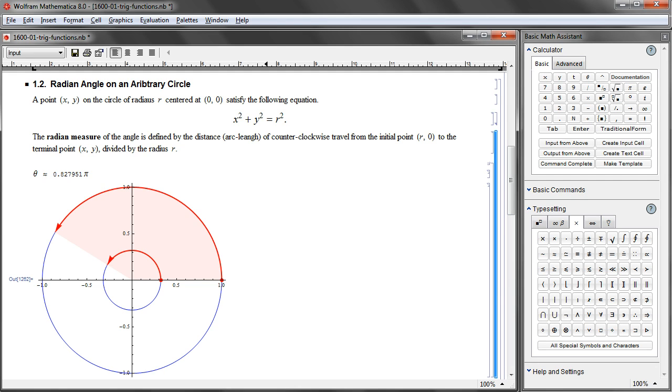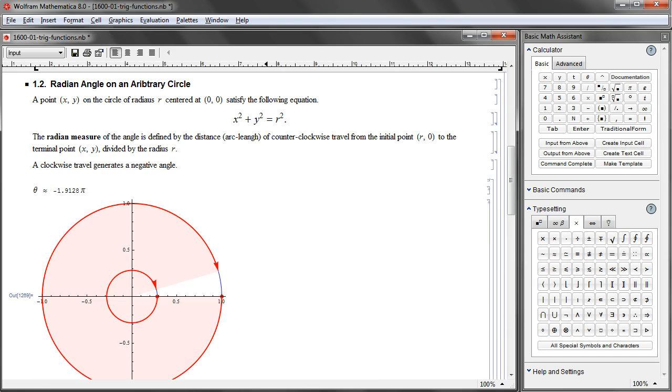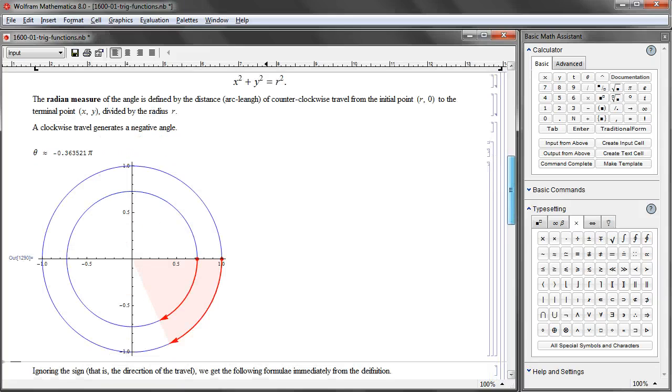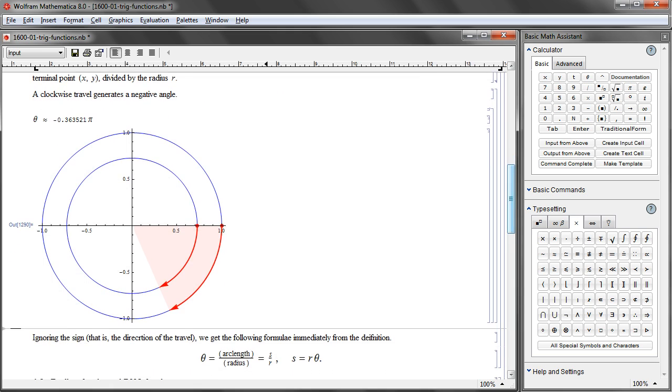Now if I move backward, clockwise, then the angle will be negative, and that's something we saw before, the same deal. Now what if we do this disregarding the sign, whether plus or minus? Then the angle theta is the travel distance, which is the arc length, over the radius, isn't it? And we just threw away the plus or minus sign.